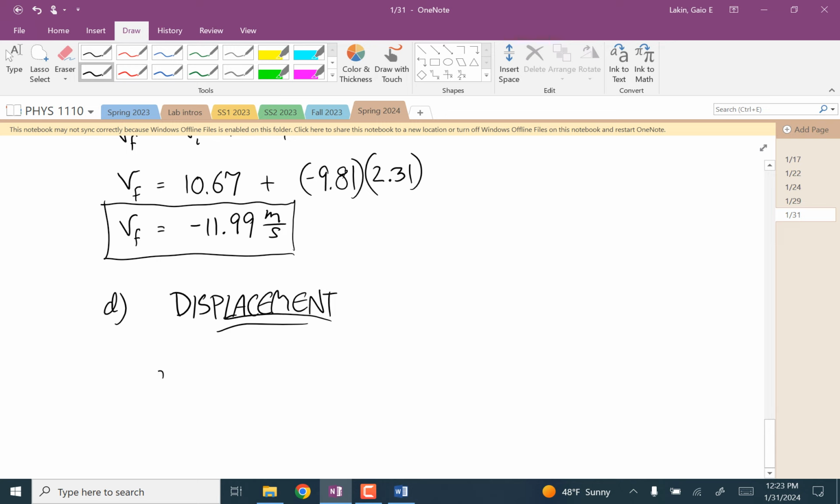The displacement vector is the position vector at the, let's think of it as P final minus P initial. Or you can think of it as the later position minus the earlier position.